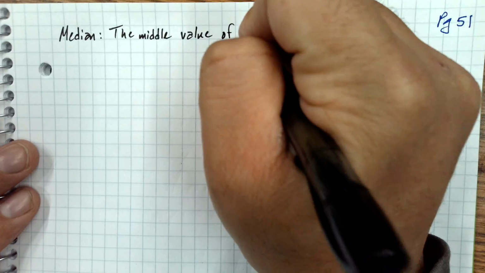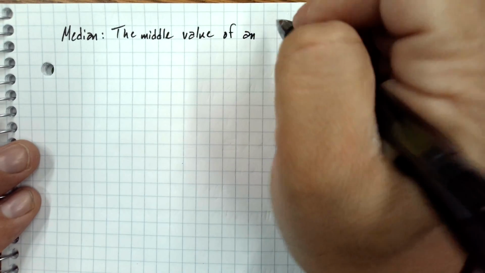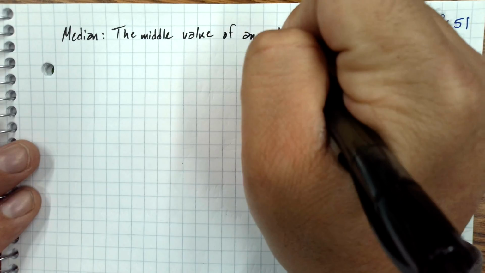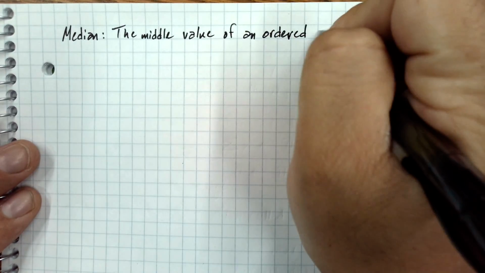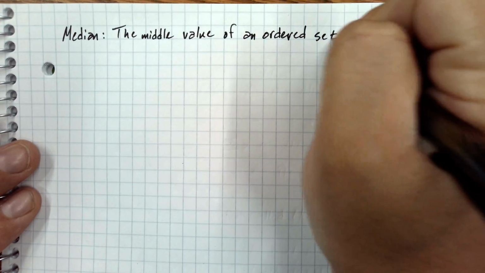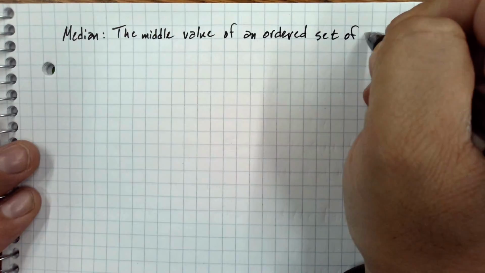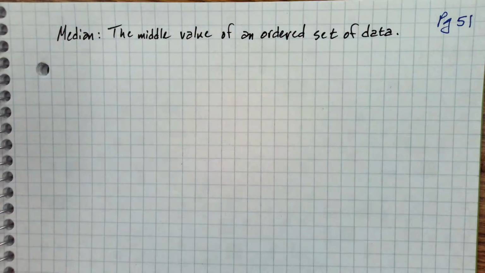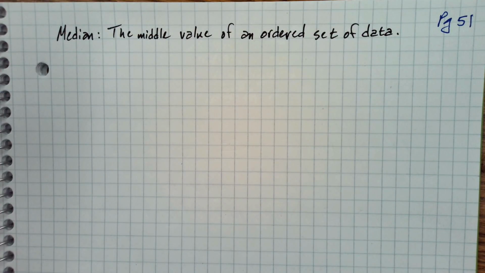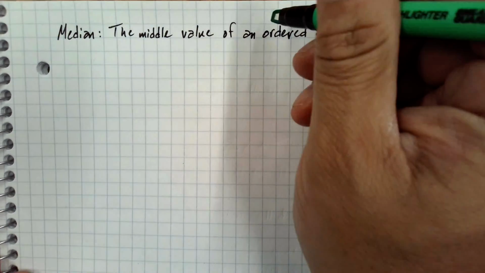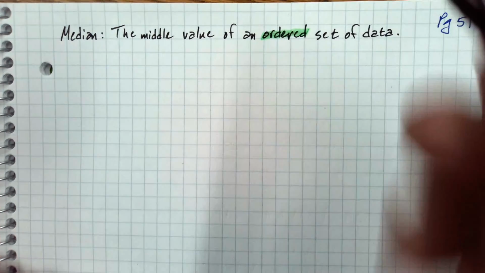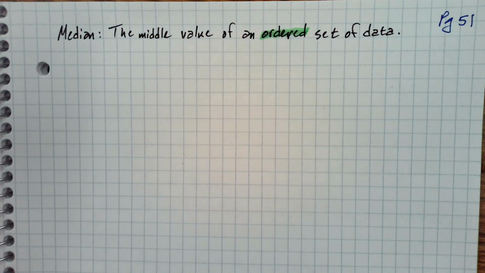Of an ordered, this is going to be important, set of data. So I'm going to highlight the fact that it has to be ordered from least to greatest or greatest to least, usually least to greatest.